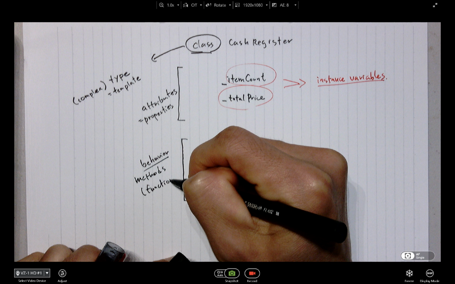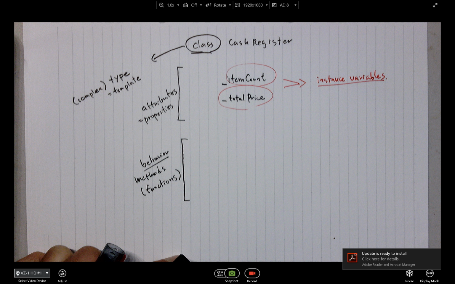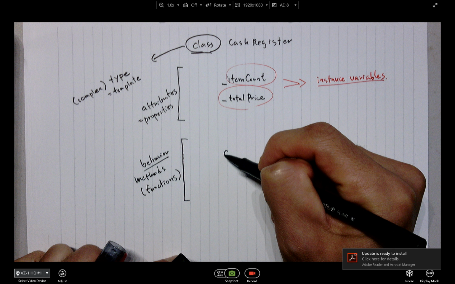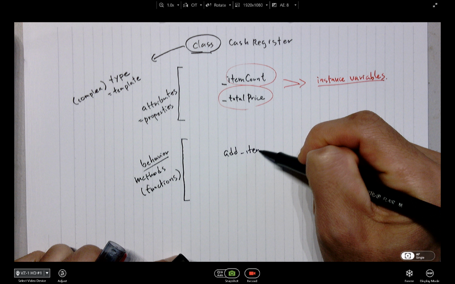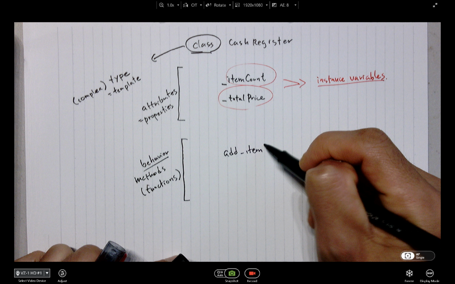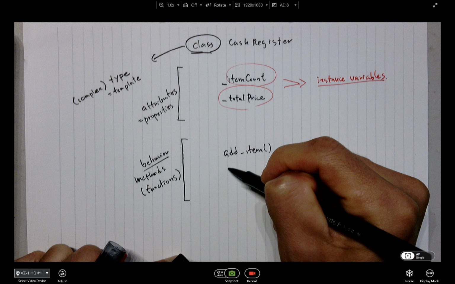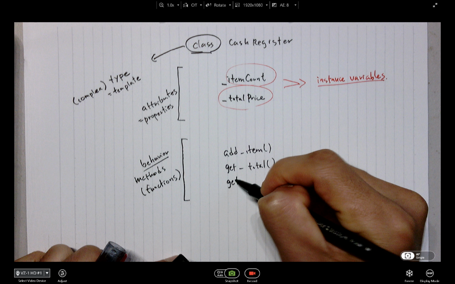I'm going to implement a couple of them, and one of them is the add_item method, another one is called get_total, and another method is called get_count.